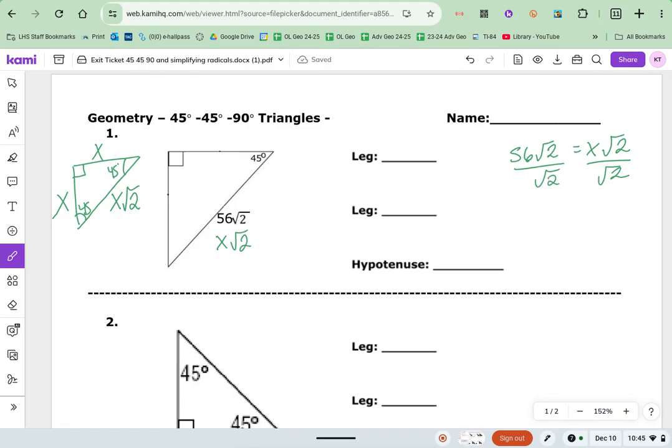Root 2 divided by root 2 cancels because it divides to 1. So our x, or the leg of the triangle, is 56. So here our legs are 56, and the hypotenuse was 56 root 2.